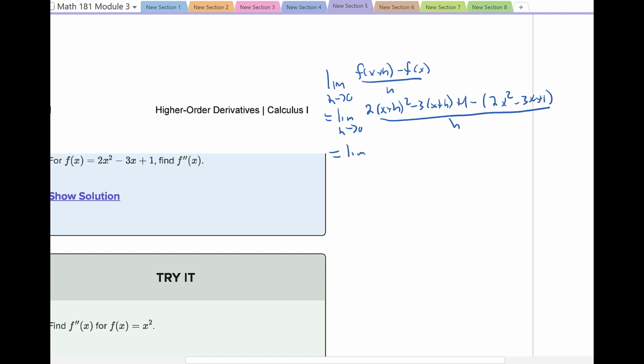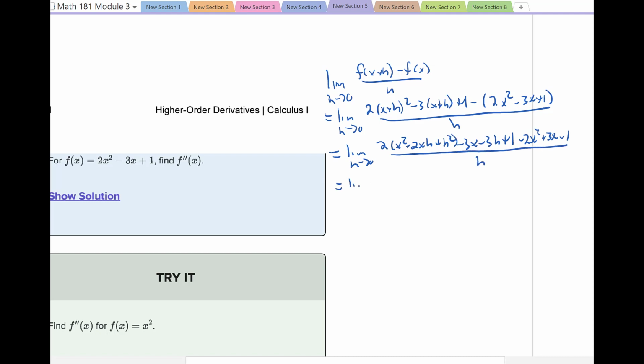We have the limit as h goes to 0 of 2 times x squared plus 2xh plus h squared minus 3x minus 3h plus 1 minus 2x squared plus 3x minus 1 all over h.